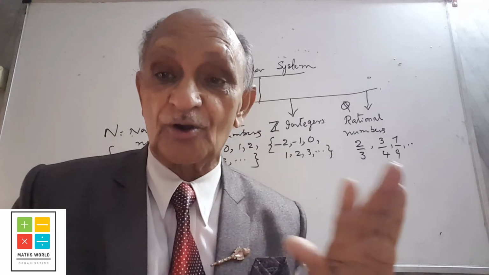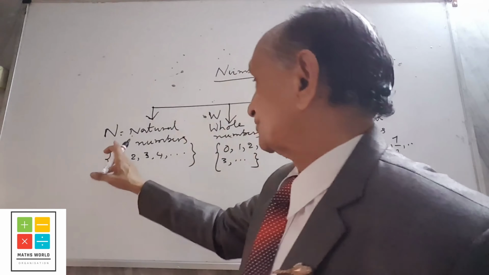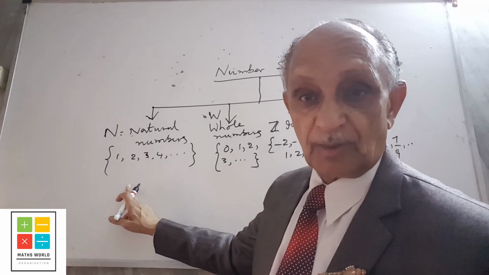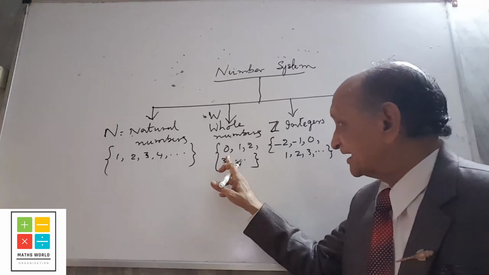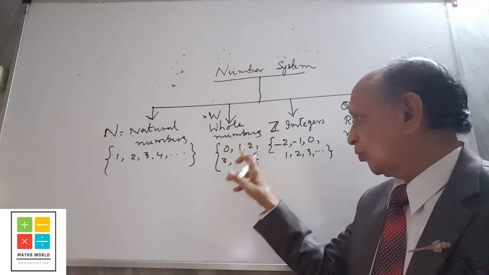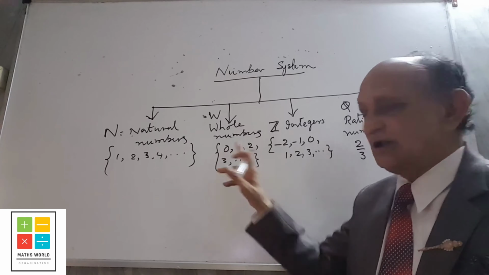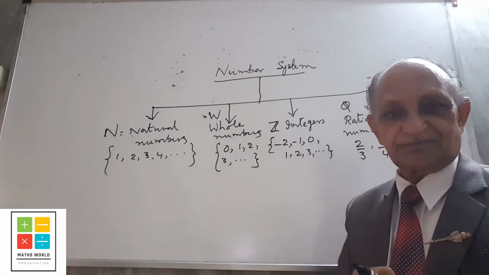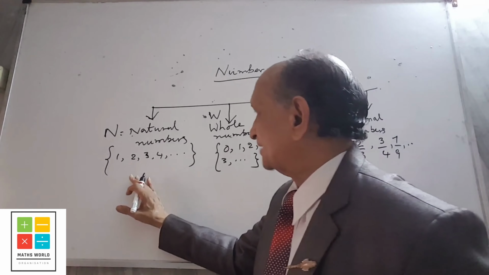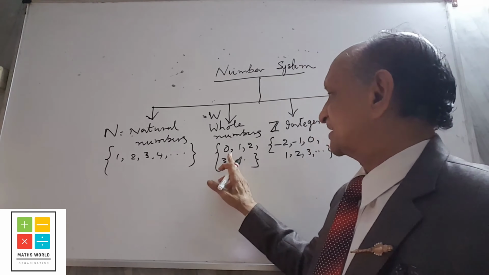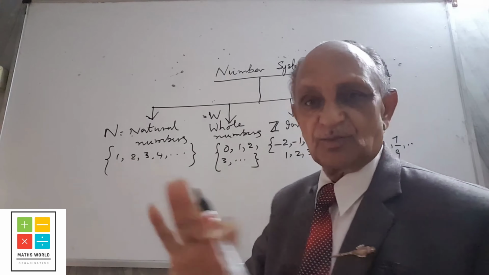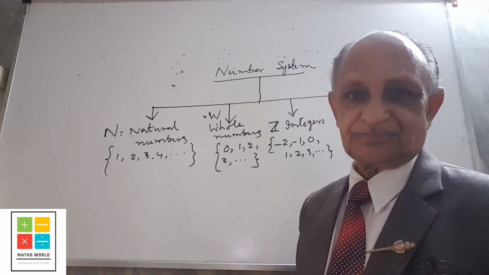When you write whole numbers, we write 0: 0, 1, 2, 3. The only addition is 0. The difference between natural numbers and whole numbers is that whole numbers have 0, natural numbers do not.